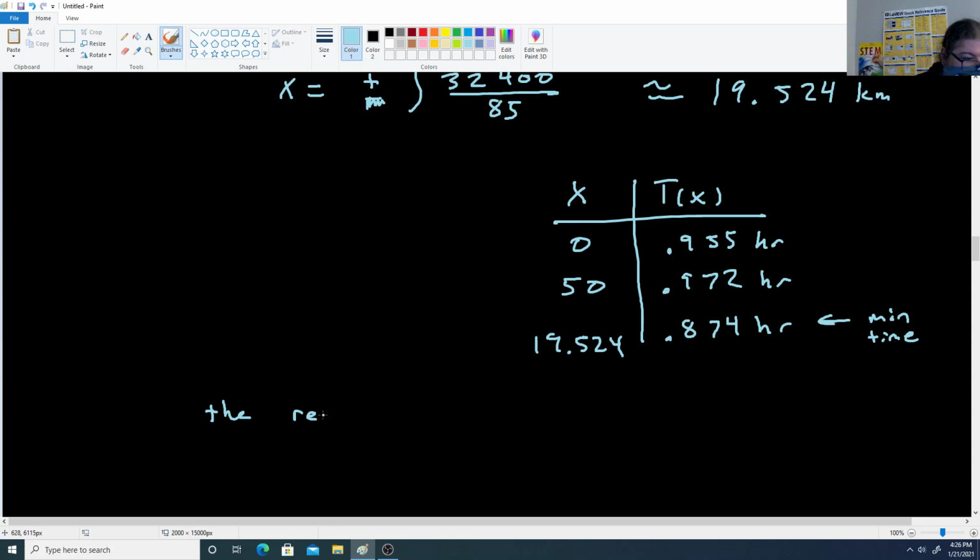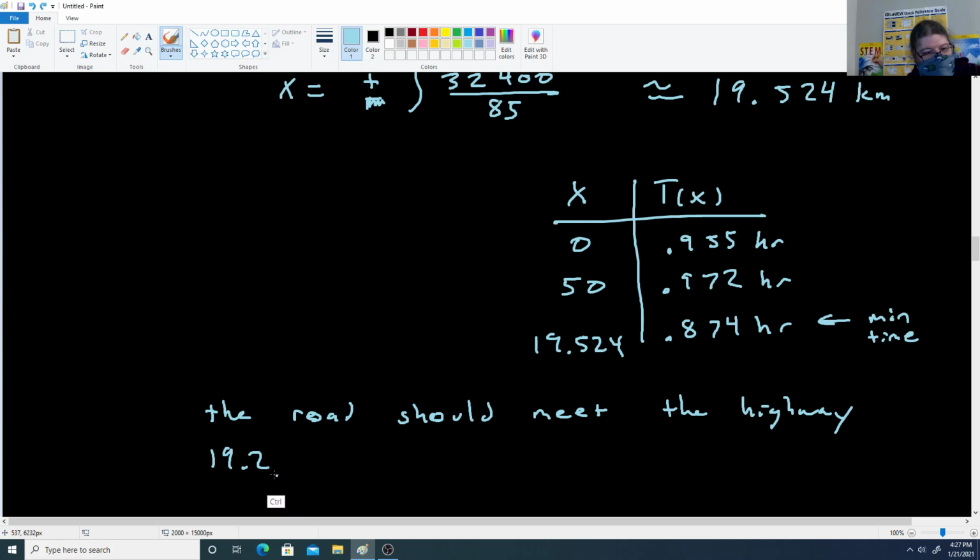So we would say the road should meet the highway 19.524 kilometers from where the perpendicular distance meets the highway.